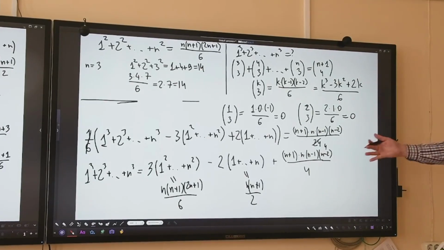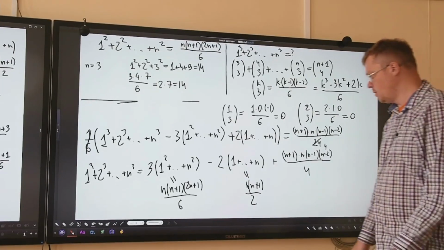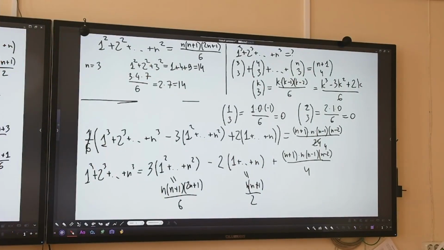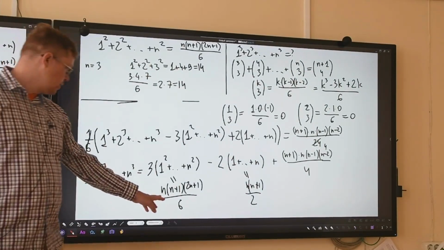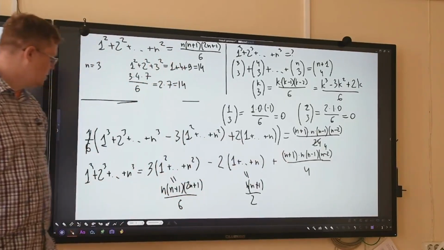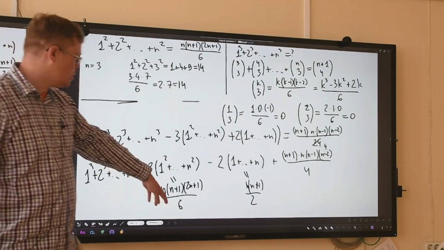So I just need to do the simplification of this formula. This will be a polynomial in n of degree 4. We can see that we will have n plus 1 everywhere, so we can just take it outside the brackets, and then just calculate what is left here.